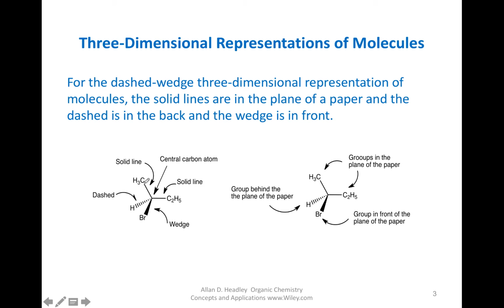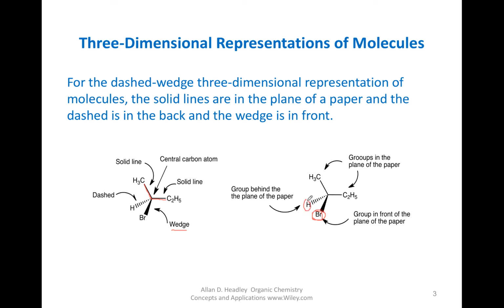So what we'll do is we'll draw a line. And this line here represents the plane of the paper or the computer screen. We'll use what's called a wedge to represent something. And we'll use a dash to represent something. So as you can imagine now, you have to be very careful when you draw your molecules, because now we're using a wedge and a dash. A wedge represents an atom or a group that's in front of the plane.